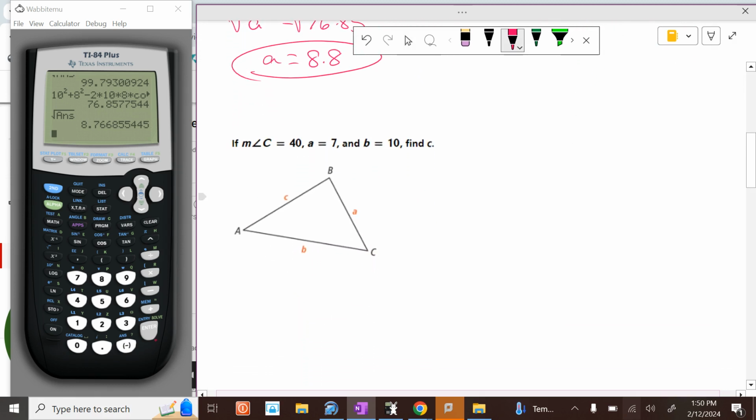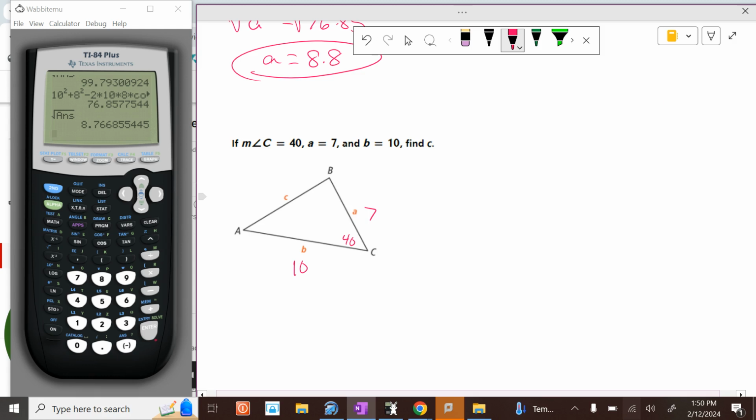On the next one, angle C is 40, A is 7, B is 10. Now, notice, I have side angle side again. If I have side angle side, I have to use the law of cosines.